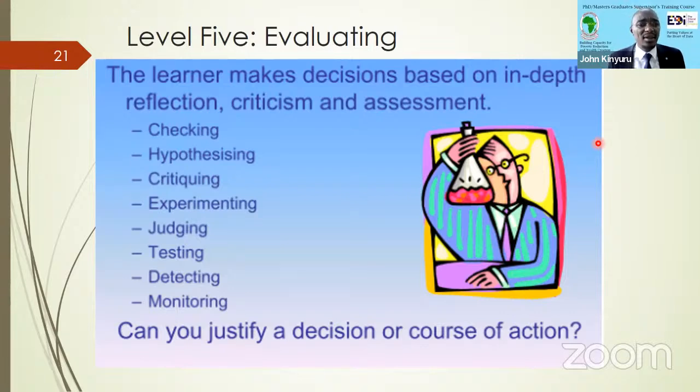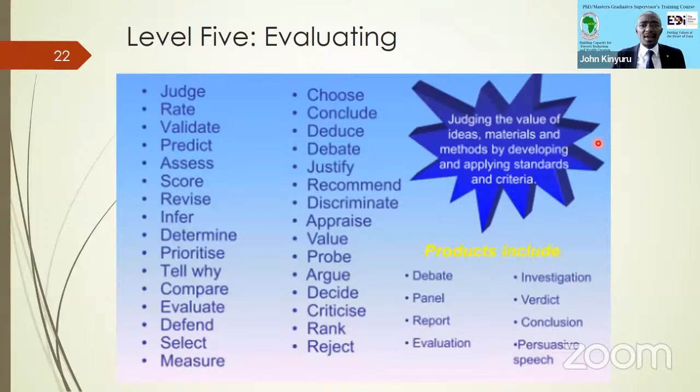So here they are validating, they are predicting, they are determining. That is why when we are setting objectives, you start seeing words like to determine, to assess, to validate.